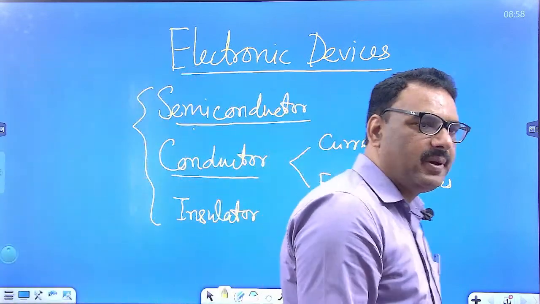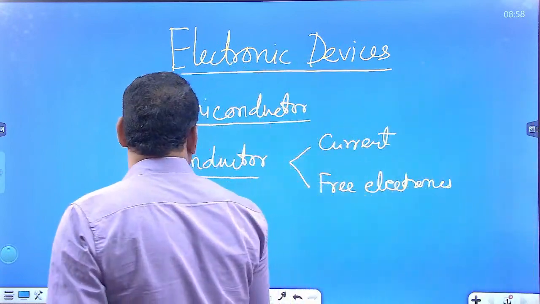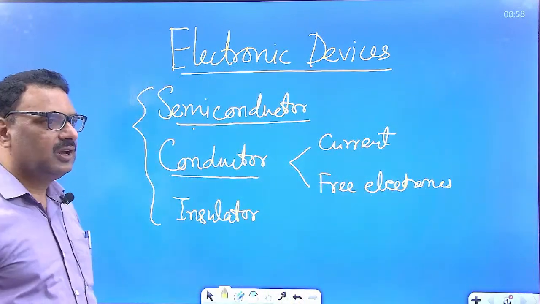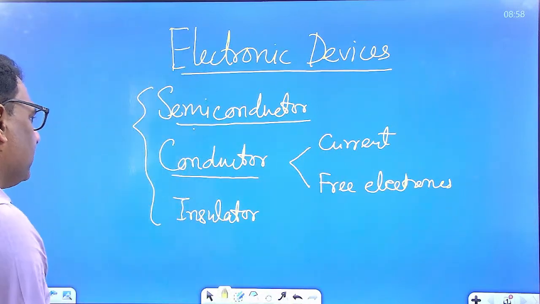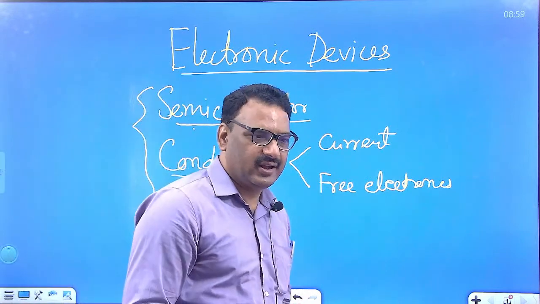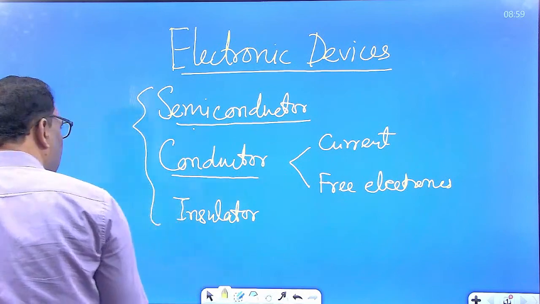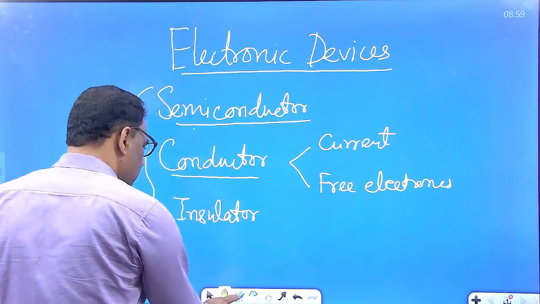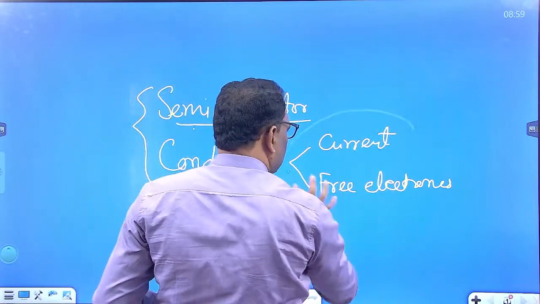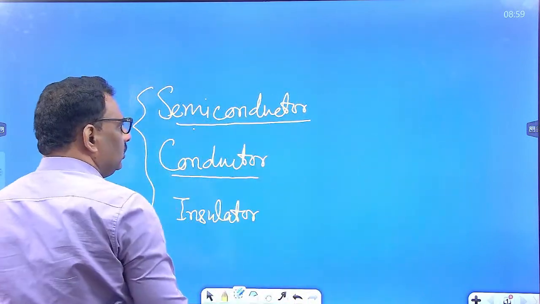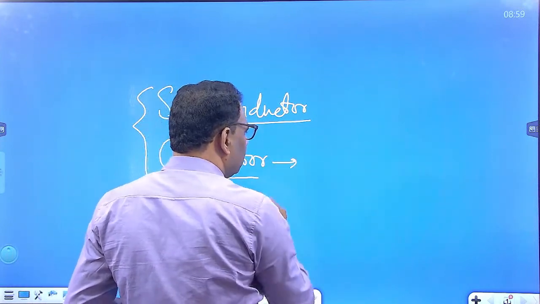So on the basis of some parameter or the properties of the material, we can differentiate. हम इसमें अंतर देख सकते हैं कि क्या हमारा सेमीकंडक्टर है, क्या कंडक्टर है, क्या इंसुलेटर है. So first thing, conductor. We know very well what is conductor.